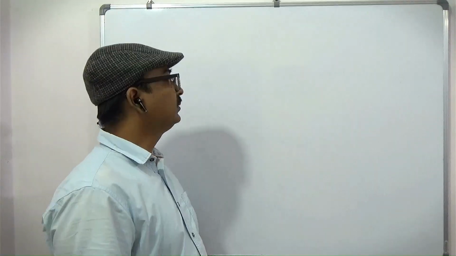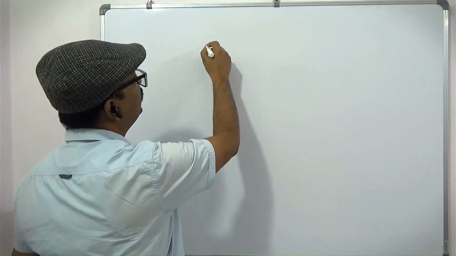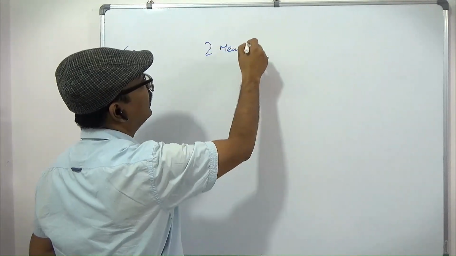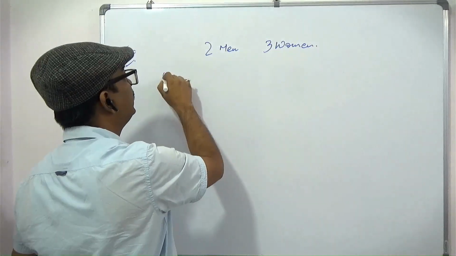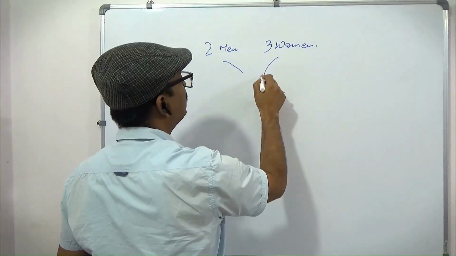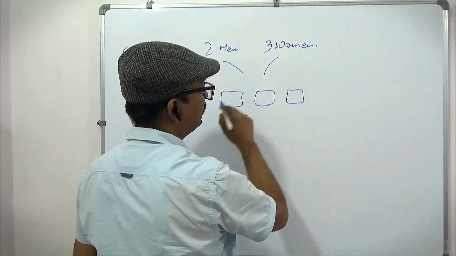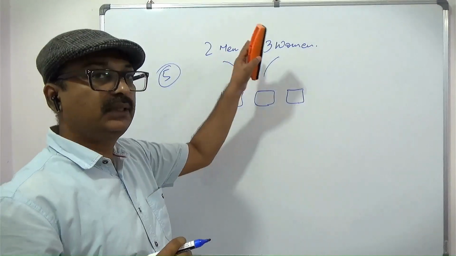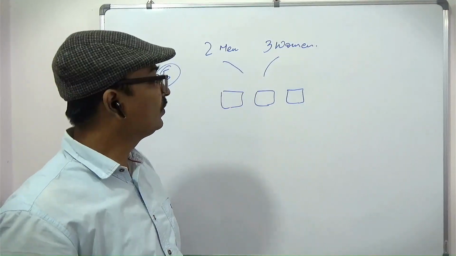Our second example is: we have 2 men and 3 women. Out of these total 5 people, we have to make a committee of 3 people. They can be men and women from these 5 people. It asks in how many ways we can form this committee.